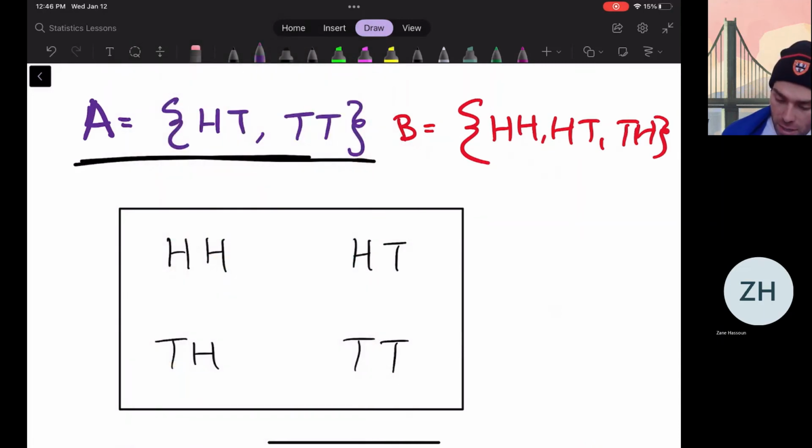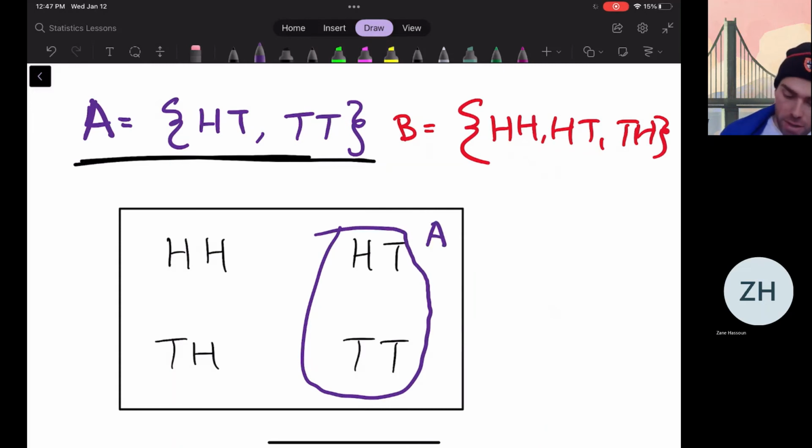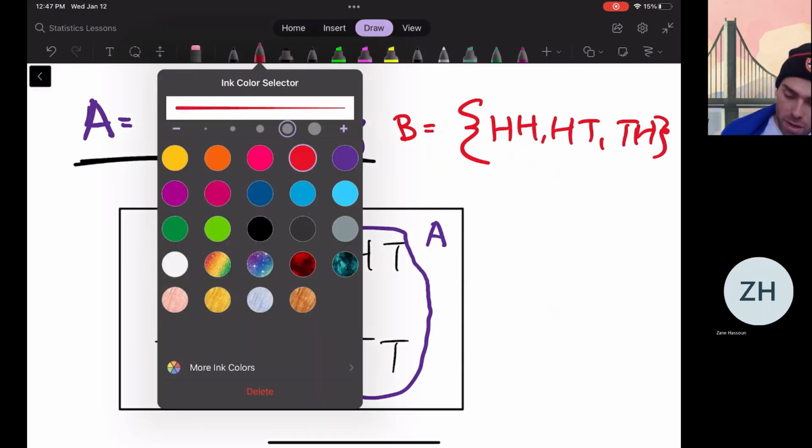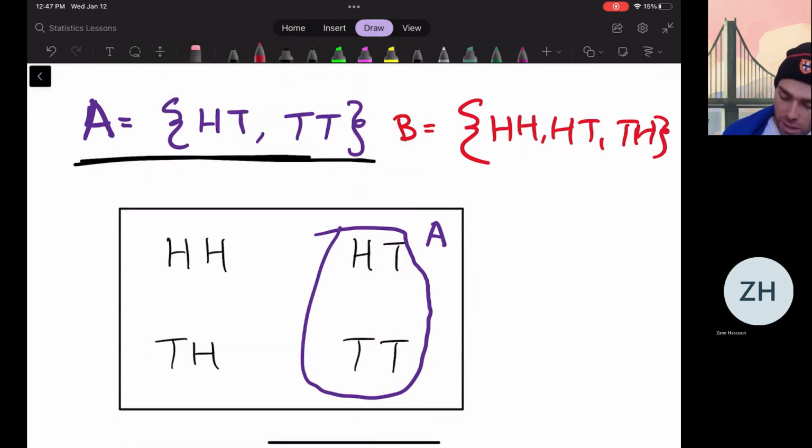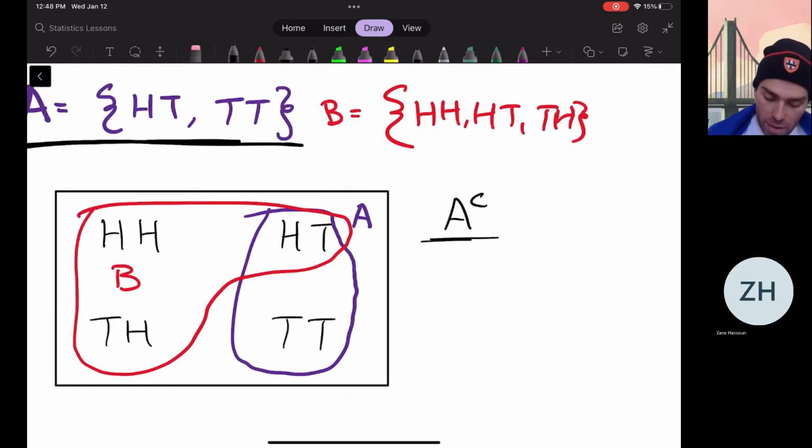So A is HT and TT. And then B is HH, HT, and TH. Looking at A being HT and TT, A complement is the set of all elementary outcomes that are not in A, so A complement simply will be HH and TH.